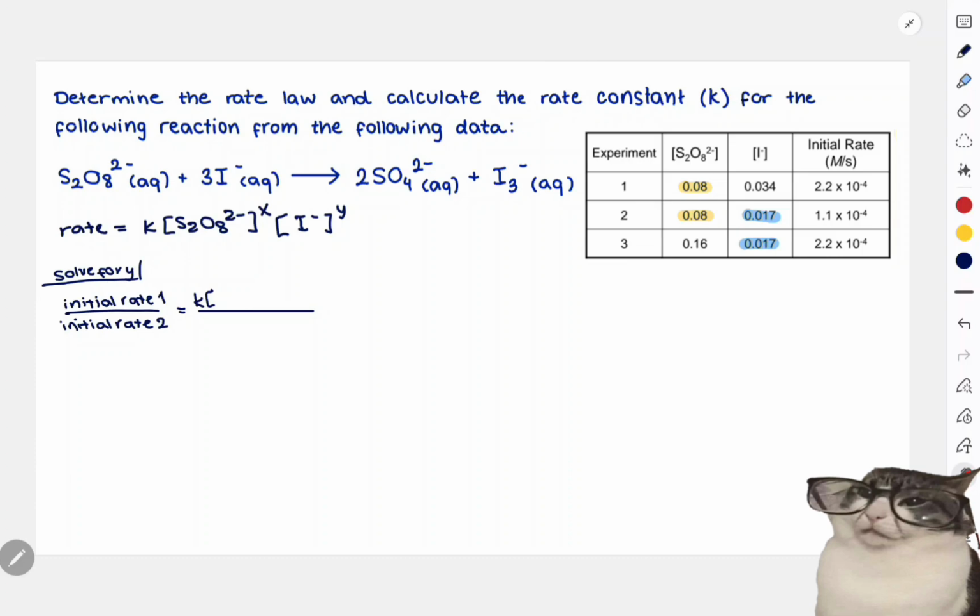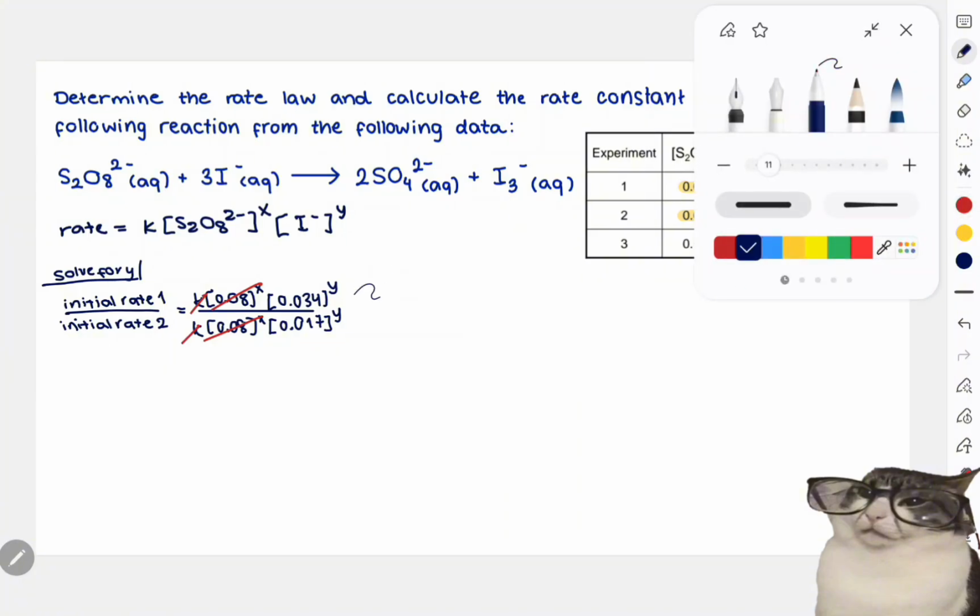Now the concentration of S2O8 in experiment 1 is 0.08 to the power x, and the concentration of iodide in experiment 1 would be 0.034 to the power y. And this stays the same, as you can see right here in experiment 2. And then the concentration of iodide in experiment 2 would be 0.017. Now here comes the fun part, which is to cancel out the terms. So k cancels out, and the term of S2O8 cancels out.